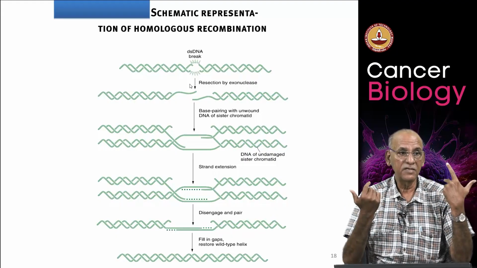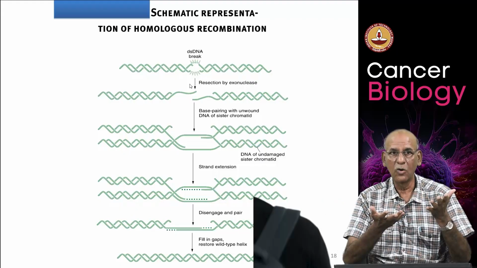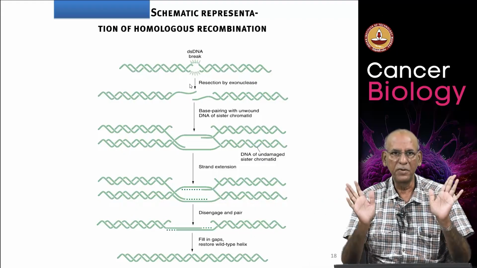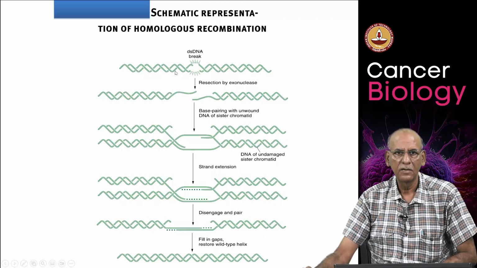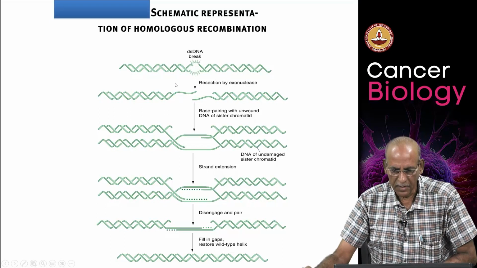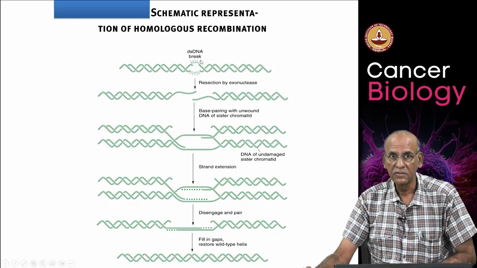Where will the complementary sequence be? In the other copy. That is what you call the homologous chromosome. Simple. You just look at this. It is one DNA only, but it has double strands. So, both the strands are broken, right.